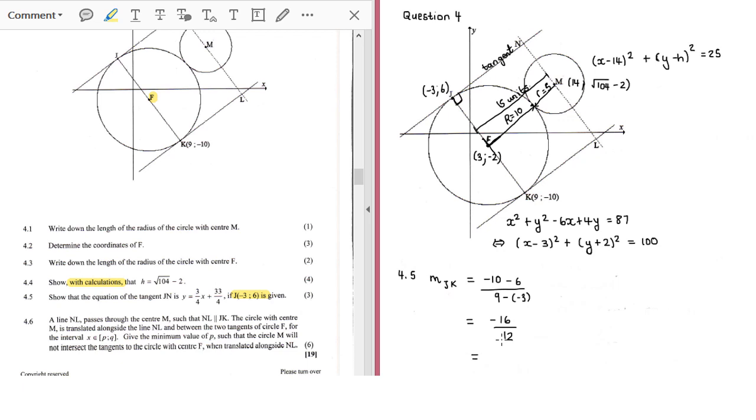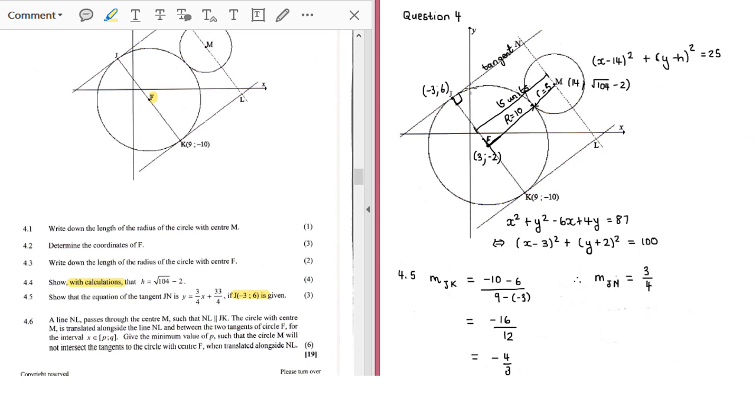This simplifies to -4 over 3. So that's the gradient of the diameter. Therefore the gradient of the tangent, which we're calling JN, is the negative reciprocal of this, so it has to be 3 over 4. Now we have the gradient of the tangent.